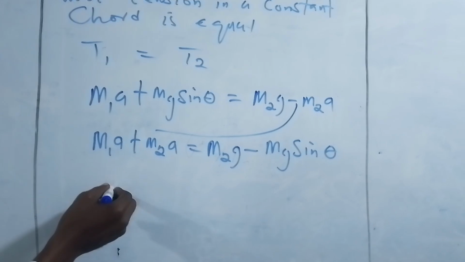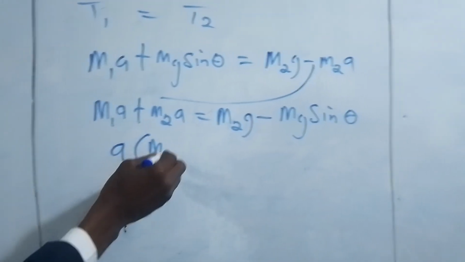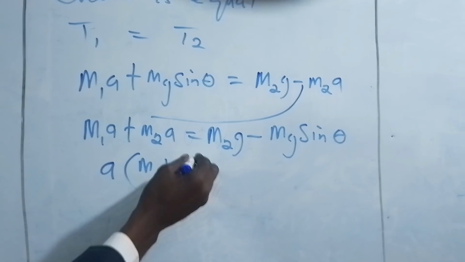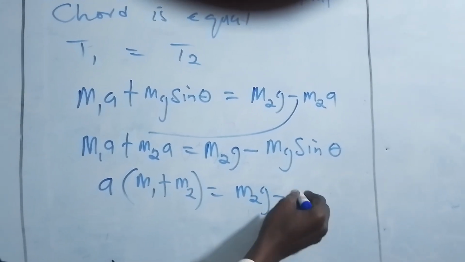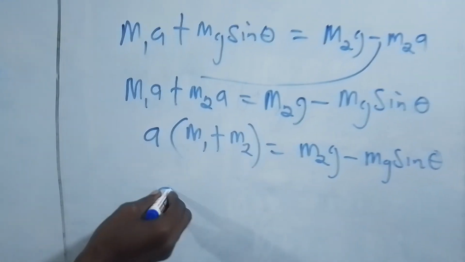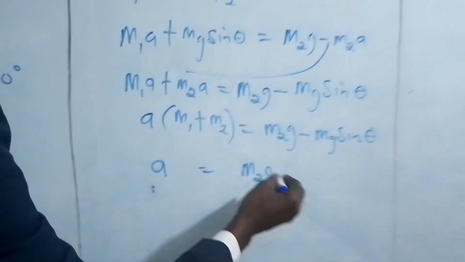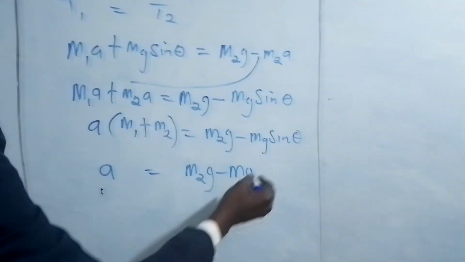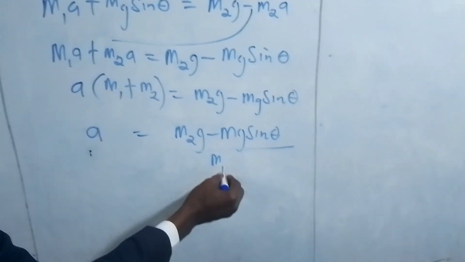If we make acceleration, which is common here, the subject, M1 plus M2 times A will be equal to M2G minus M1G sine theta. Therefore, the acceleration of the system will be equal to M2G minus M1G sine theta divided by M1 plus M2.